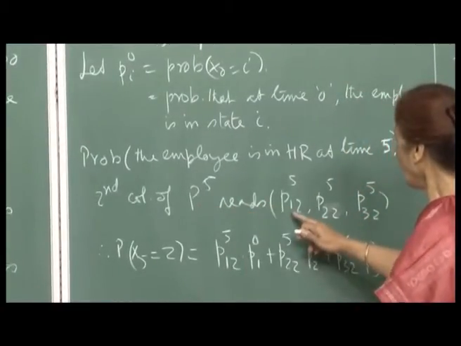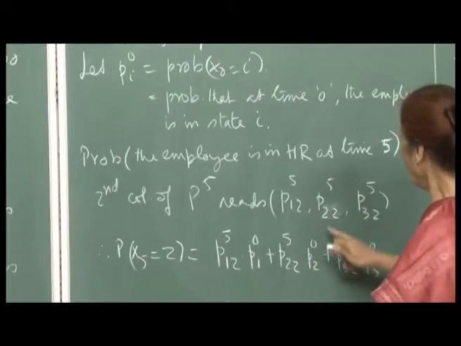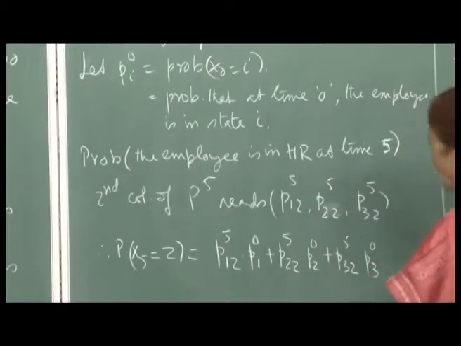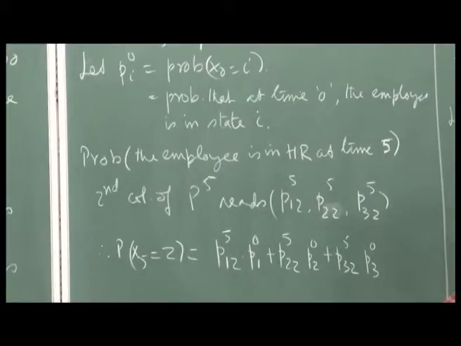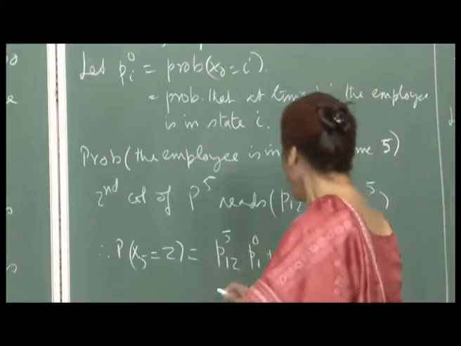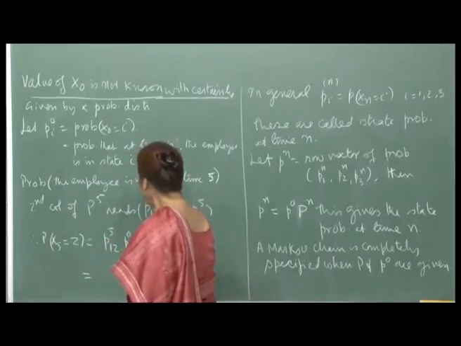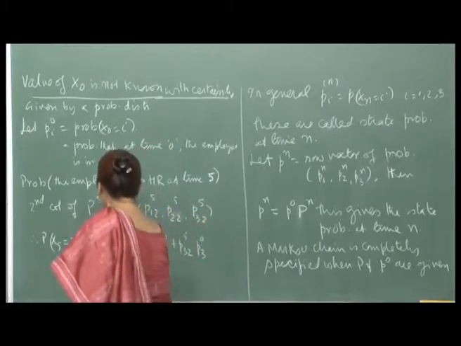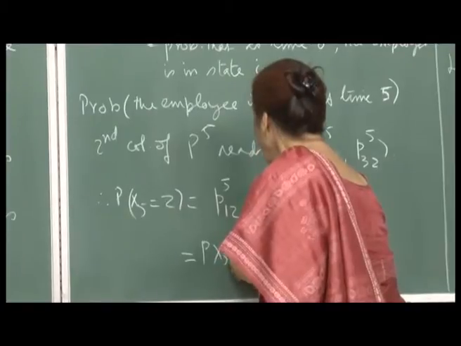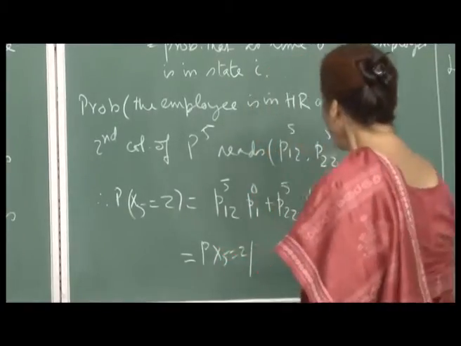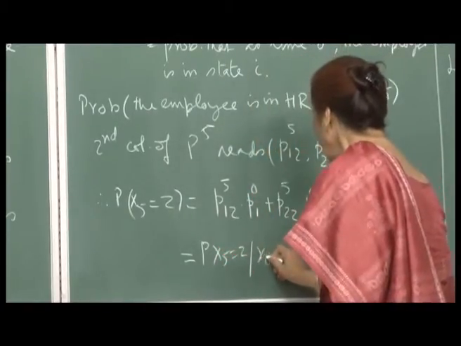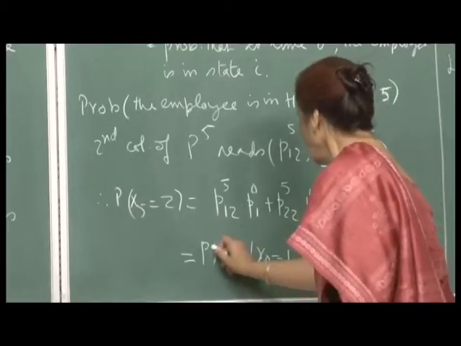So, the column would be P 1 to 5, P 2 to 5 and P 3 to 5. So, actually I should have written this, let me write this instead of immediately jumping to this. So, we want to say that probability x 5 is equal to 2, given that x naught is 1, right.